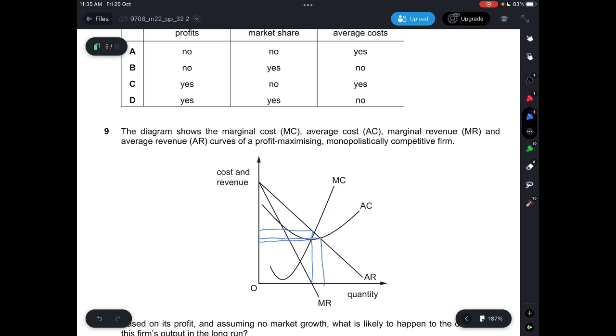Okay, and you'll realize that by doing this, the AC curve would slightly tilt upwards, and that means your cost will increase. All right, and then your MC curve would also increase at a very steep rate, and you won't make any supernormal profits.